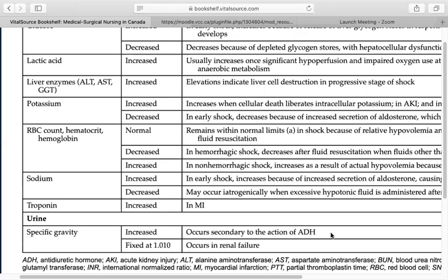The kidneys, by the action of ADH and aldosterone, will be holding water in the body. That means less water going into the urine itself because the renal tubules reabsorb it, put it back in the body, and the urine is more concentrated with less water. Something that's more concentrated has more weight to it, more solutes, and that's why you see specific gravity increased in times of shock.